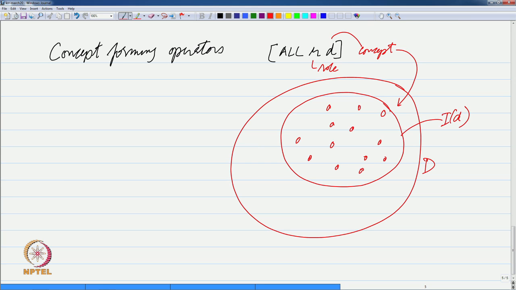Now, we are saying that this is a set of, I am using the term set, but more often we might say a class. This is a class.